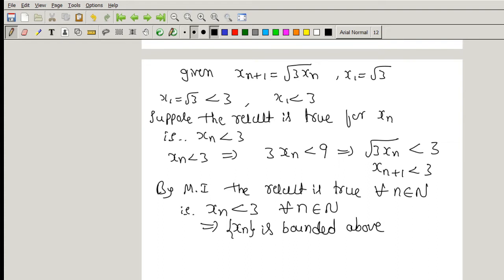We have a theorem on the convergence of sequences. Any sequence which is monotonically increasing and bounded above is always convergent, and in fact it converges to the least upper bound.